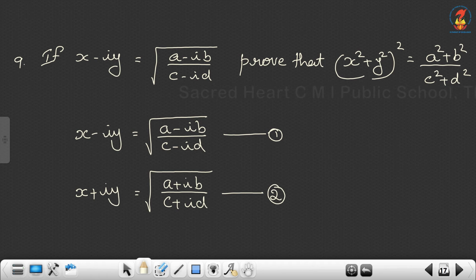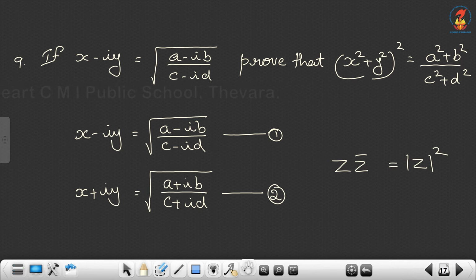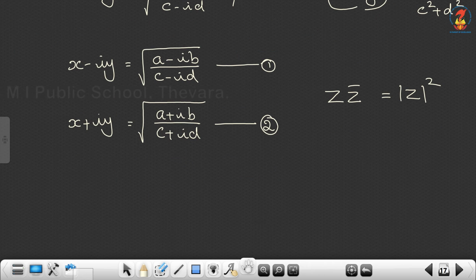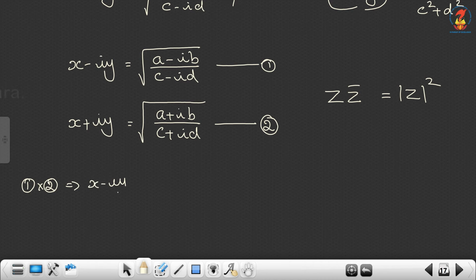So a complex number and its conjugate. Then if we multiply z and z̄, we get |z|². So here multiply equation 1 and equation 2. So (x − iy) into (x + iy). So next step, z into z̄ becomes |z|².